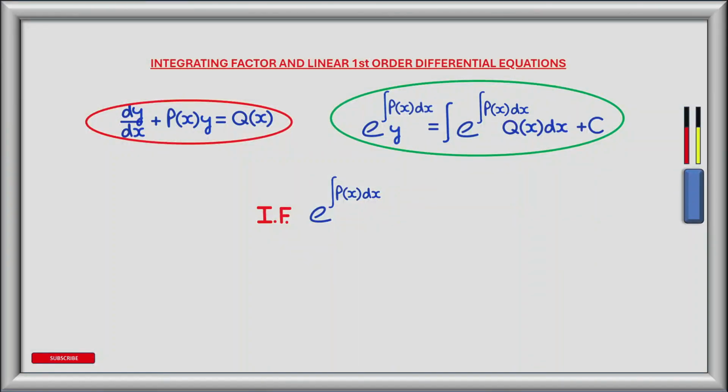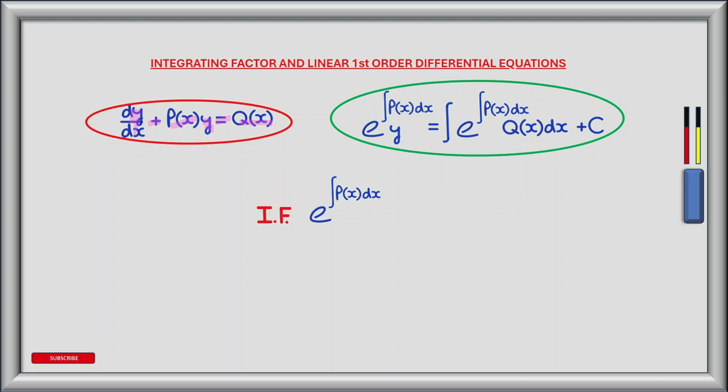We saw in a previous video that we could solve first-order linear differential equations of the form dy by dx plus p of x multiplied by y is equal to q of x, where p of x and q of x are either constants or functions of x, using an integrating factor.